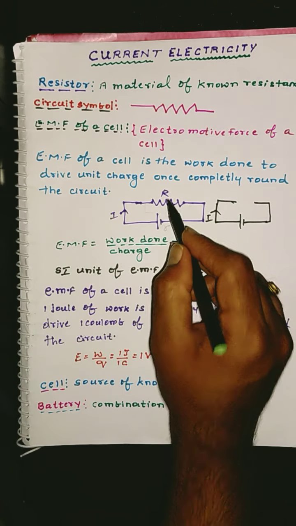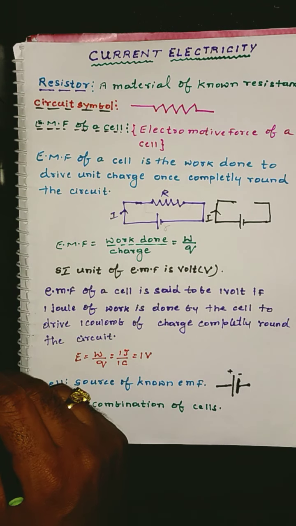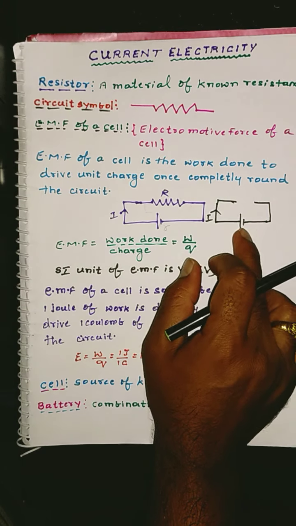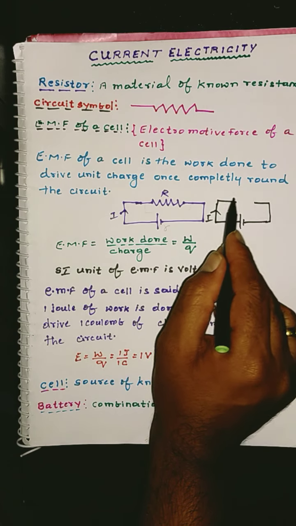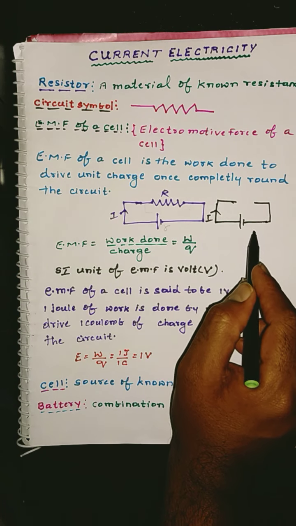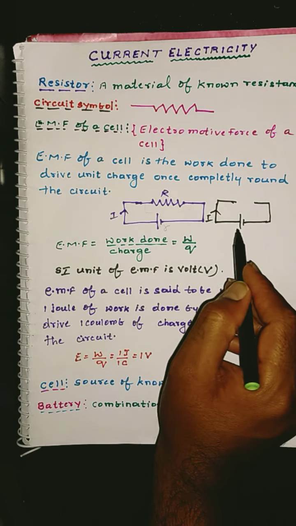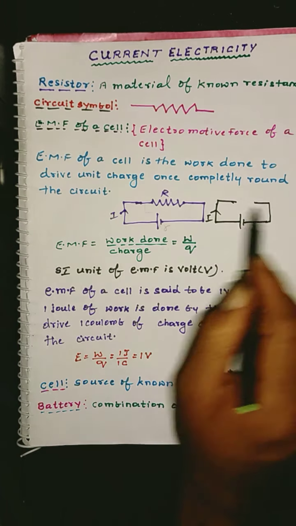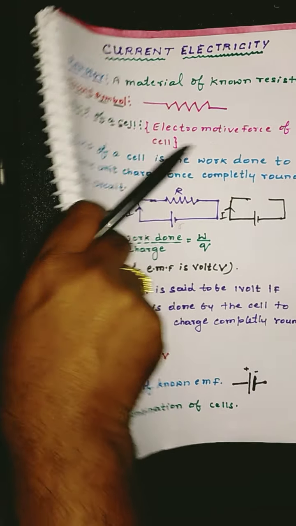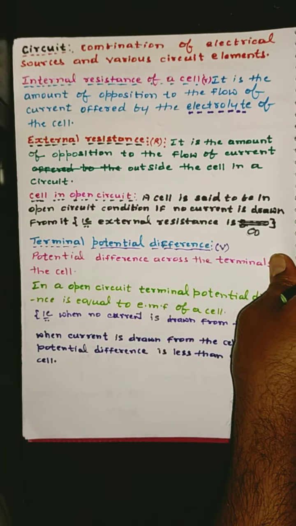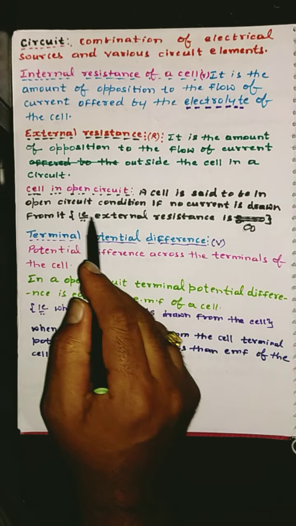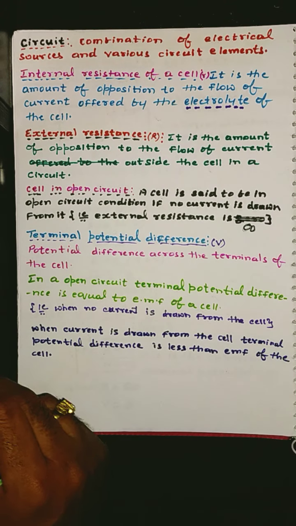Then we say that R is equal to infinity. Then no current will be drawn from the cell because there is no completed path for the flow of current. Then we say that the circuit or cell is in open circuit condition. So if external resistance becomes infinite, the cell will be in open circuit condition.